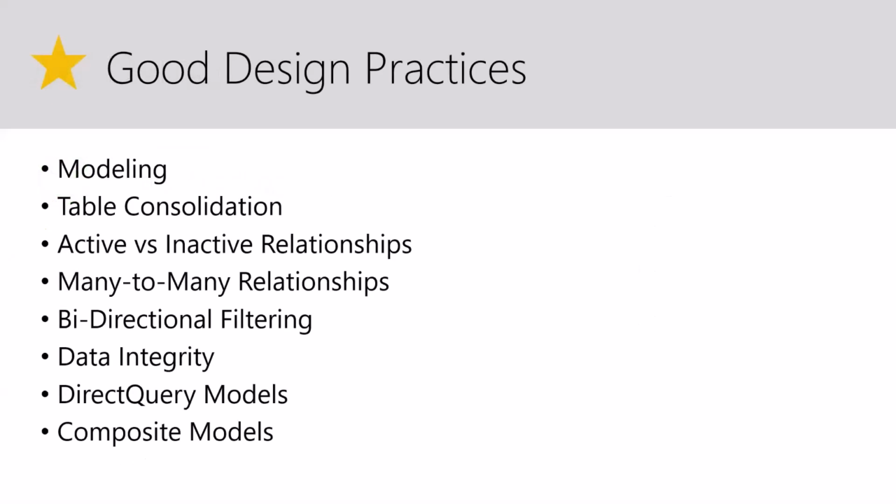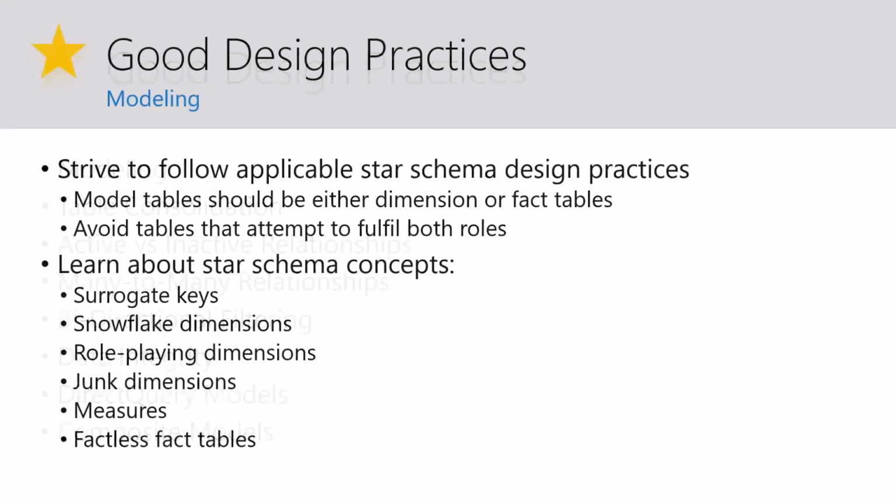So I'd like to wrap up with some good practices for you as a takeaway. When it comes to modeling, strive for applicable star schema design practices. Think about your tables playing the role of either a dimension or a fact, preferably not both at the same time. Learn about concepts like surrogate keys, snowflake dimensions, role-playing dimensions like date and ship date, and manager for sales performance.